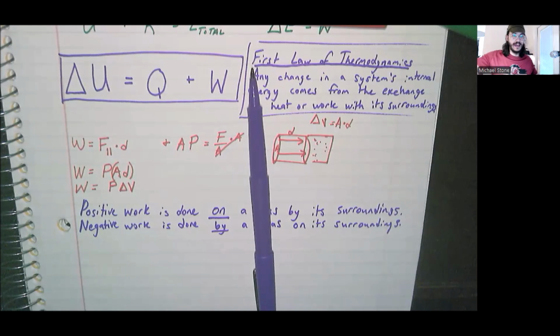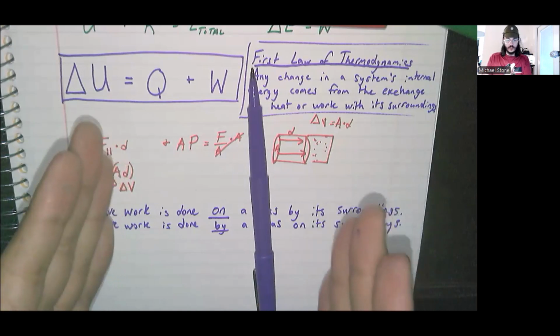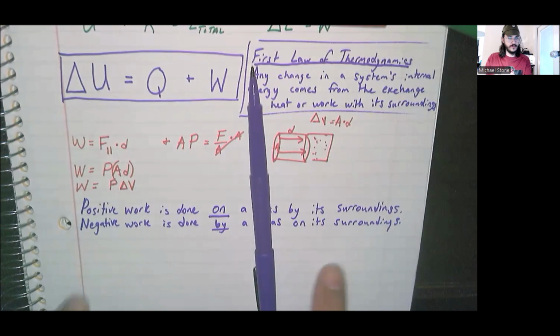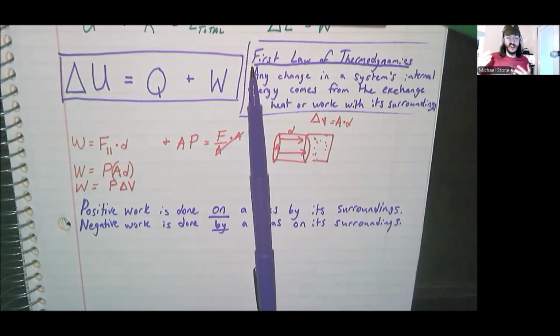And you can use that moving back and forth to turn something. A heat engine is extracting work from the gas. So we would consider that negative from the perspective of the gas, a loss.